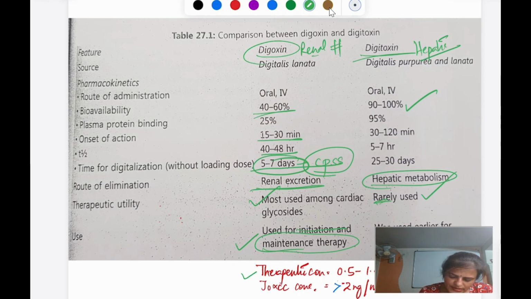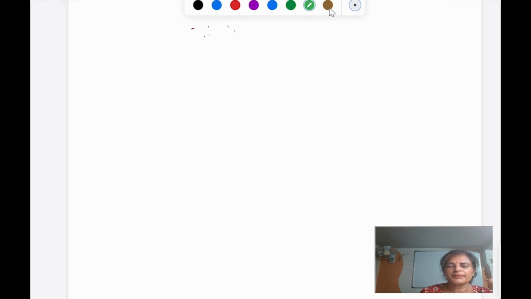Then another important point is its safety margin. The therapeutic concentration is 0.5 to 1.4 microgram per ml, and toxicity is if it is more than 2. So the safety margin between the therapeutic concentration and the toxic concentration is very narrow. So we have to do TDM, therapeutic drug monitoring, in this case.